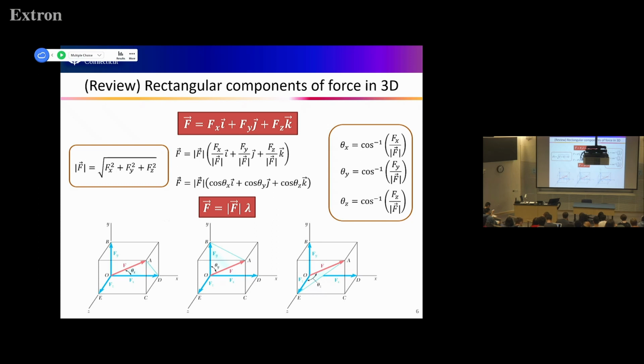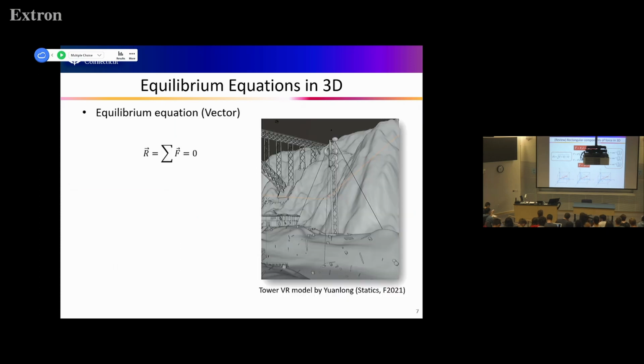This is the magnitude, and the directional vector is found by this. The meaning of each component within the parentheses is: cosine theta x is this, and cosine theta y is this, so we can find these angles using the inverse cosine. Now, the equilibrium equation in 3D. In vector form, we have this one equation: the sum of the force vectors equals 0. The resultant R vector equals the summation, sigma, of the force vectors, equals 0.